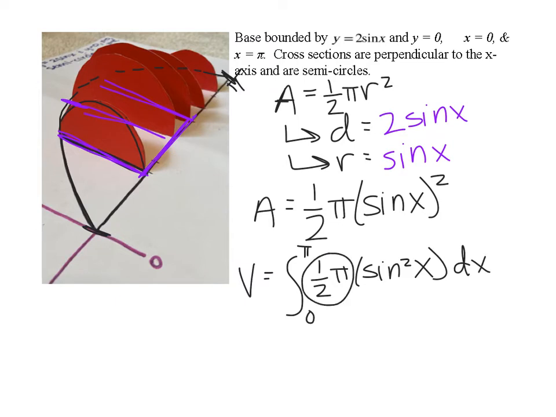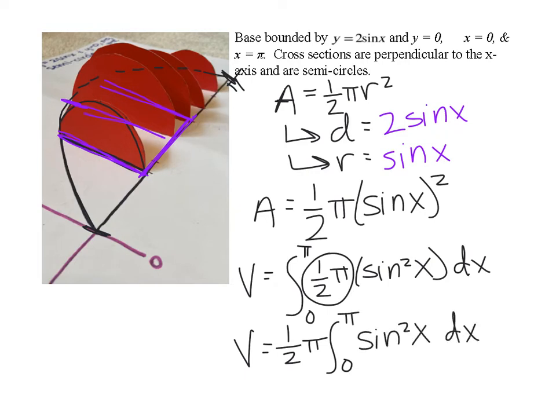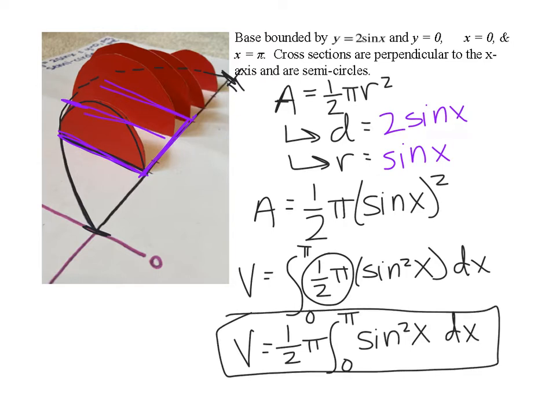And most often you'll see that we pull out the pi term as a constant. So 1/2 pi times the integral from 0 to pi of sine squared of x dx. And this would be an example of an integral that you could evaluate using your calculators.